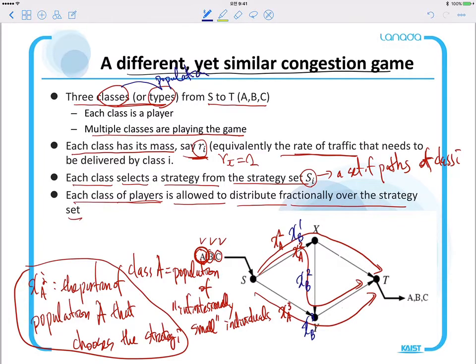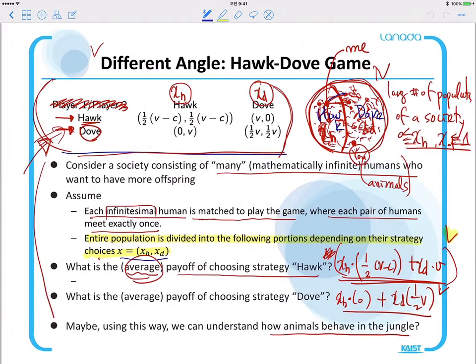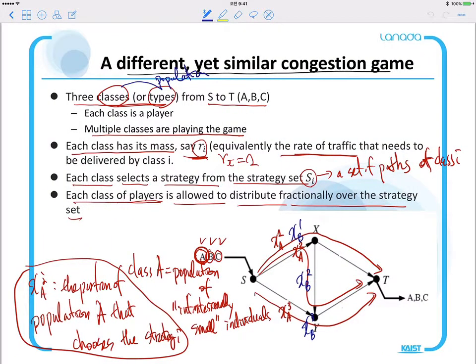Okay? Can you see the similar things from here to here? I guess so. Here the strategy is, for example, the population, or the class A's strategy is a distribution of the traffic. This is one strategy.